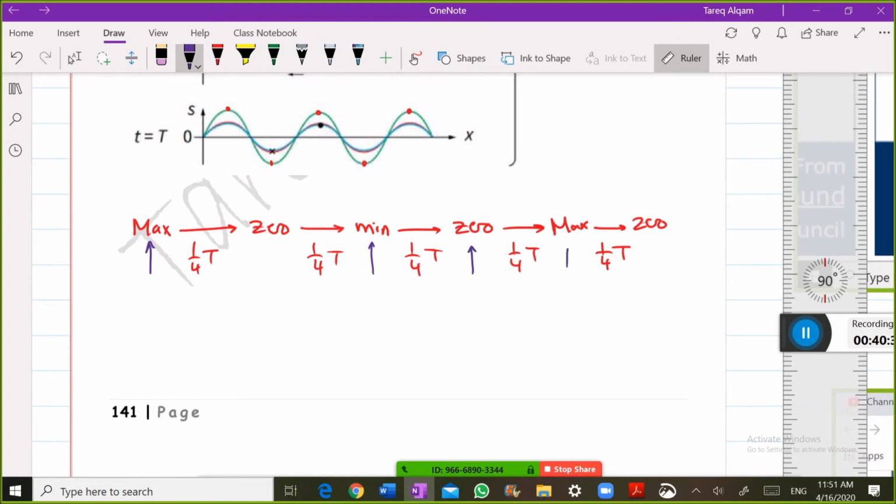If I consider one point and take screenshots at different moments, or after quarter period, for this point, I will observe this pattern. This will also help you in drawing the wave after a certain period.